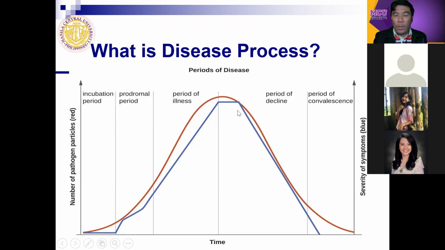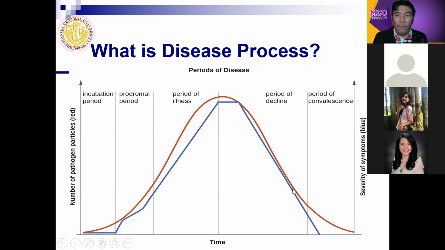That's why, if the patient has undergone treatment, it is expected that there will be a period of decline. In the period of decline, the severity goes from severe, from critical, to moderate, then to mild. So as it goes with the period of decline, the manifestations are decreasing.